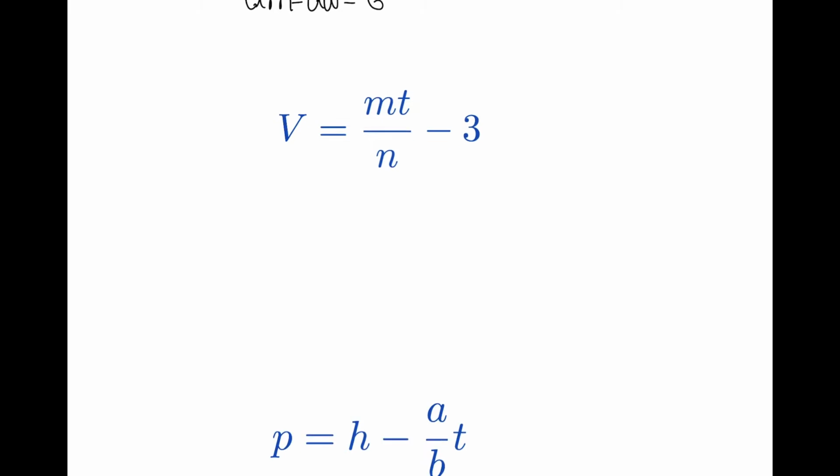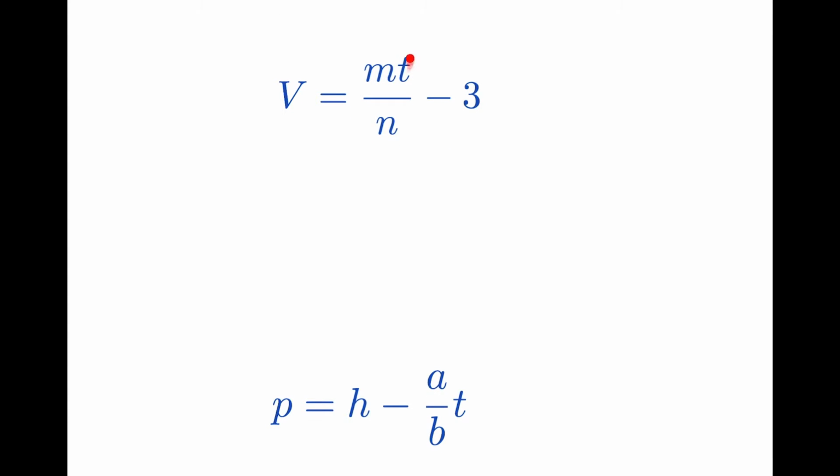So let's continue. Again, t is here. The thing farthest away is the negative 3. So you deal with that first, and then the n, and then the m. I'll be silent and we do it.